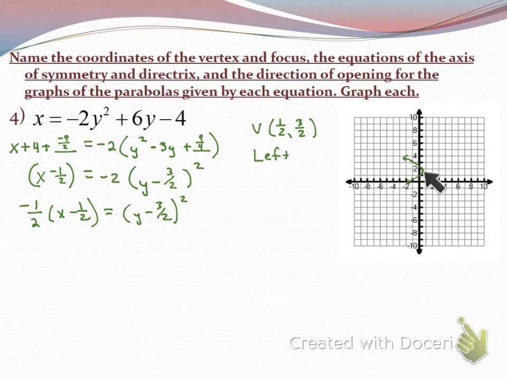What is that axis of symmetry? Anna, what's the axis of symmetry? It's this equation right here, going through the vertex. y equals 3/2. Good.